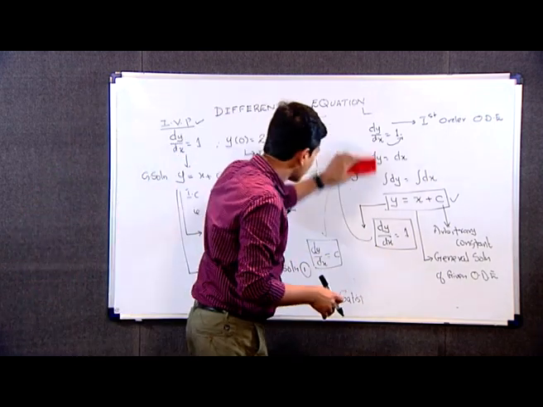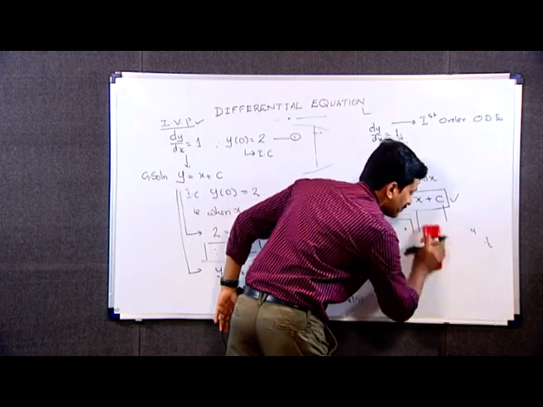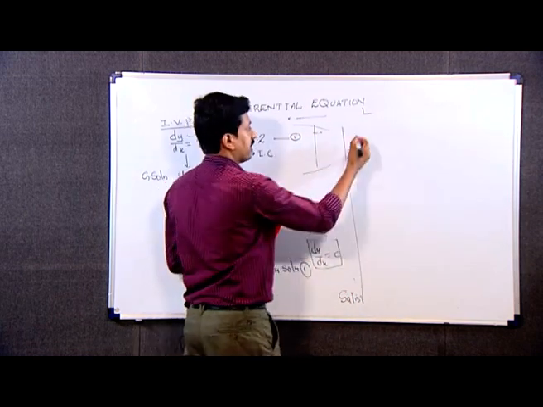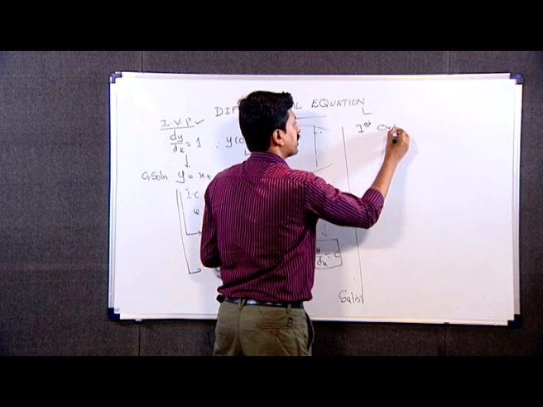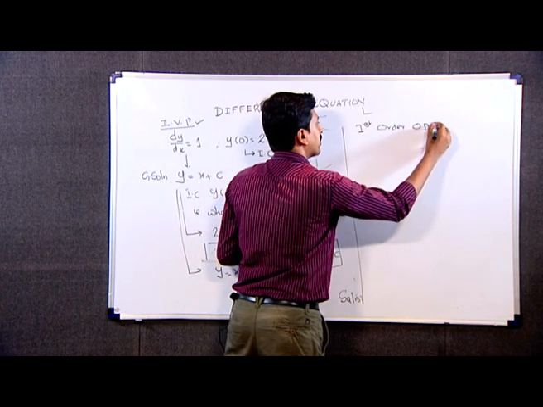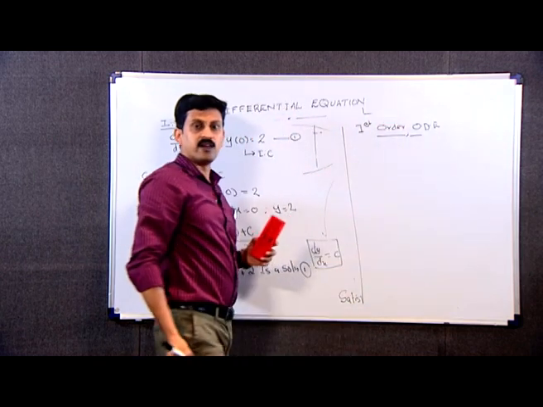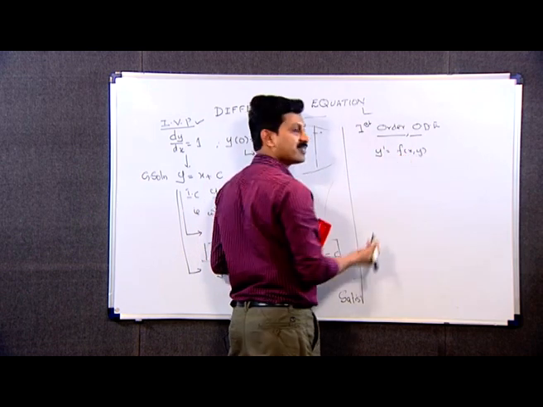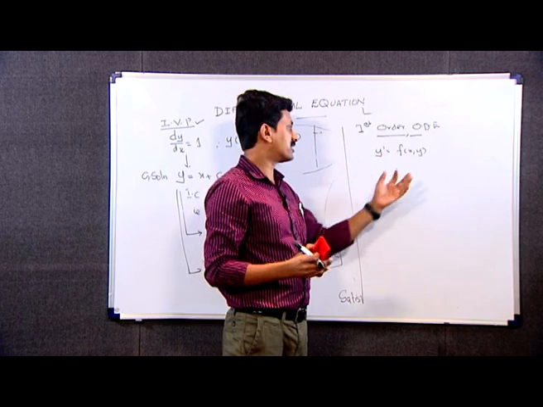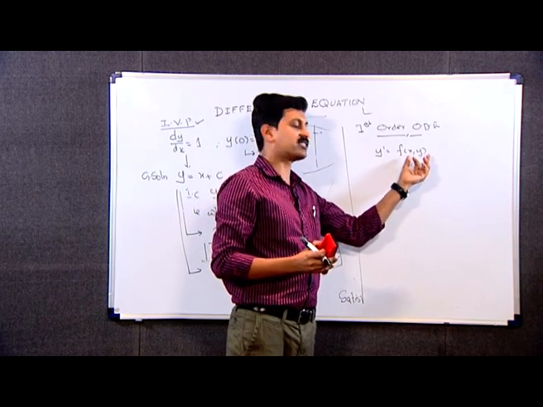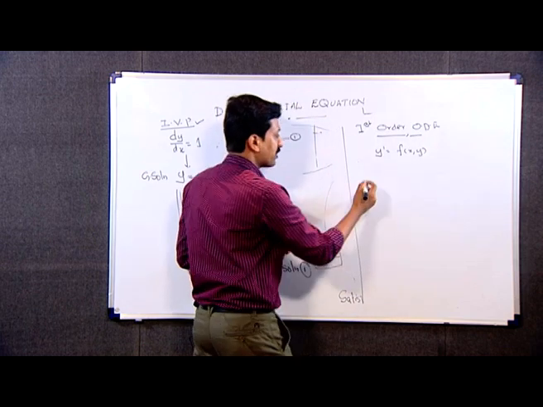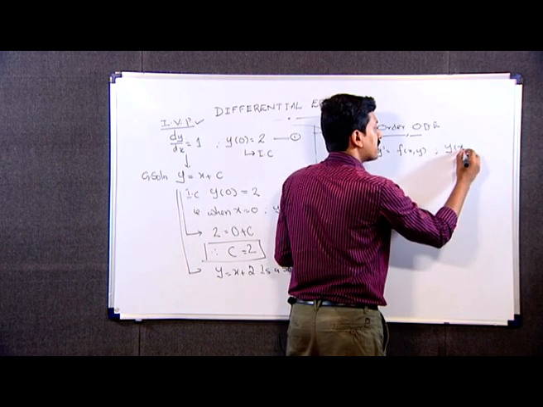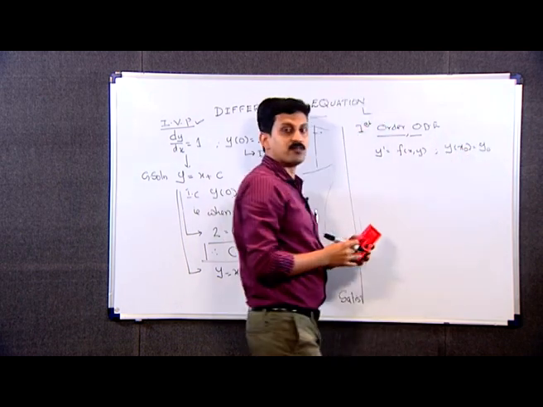In general, a first order ODE is y dash equal to f of x, y, which means dy by dx is equal to some function of both x and y, with a condition y of x naught equal to y naught.